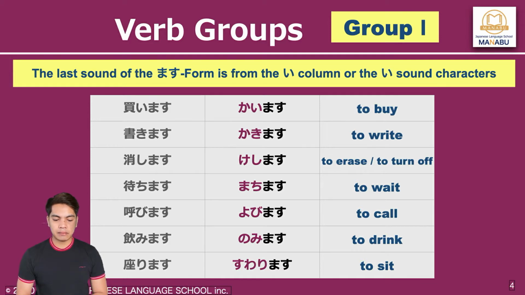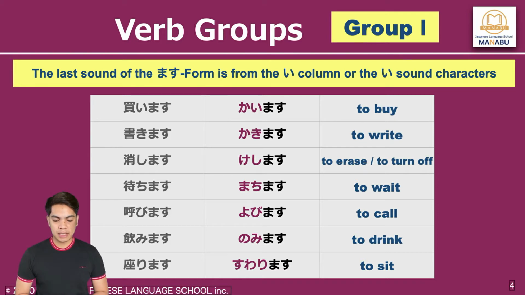The group 1 verbs, if we remove the masu, the last character will be from the I column, or the I sound characters. For example, the verb kaimasu, if you remove the masu, kai. Kakimasu, kaki. Keshimasu, keshi. Machimasu, machi. Yobimasu, yobi. Nomimasu, nomi.